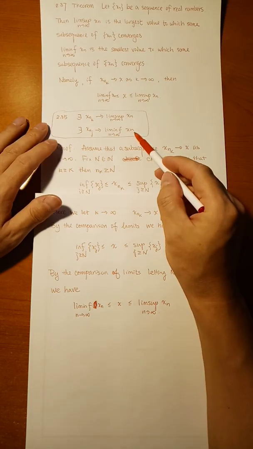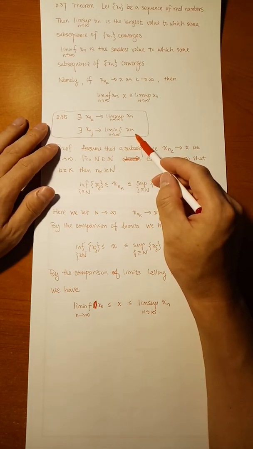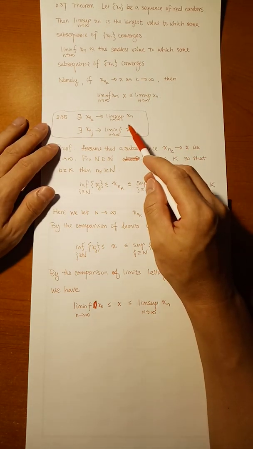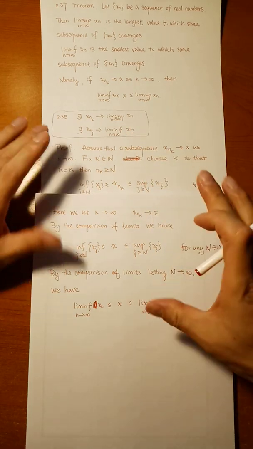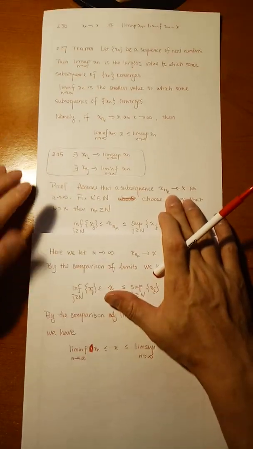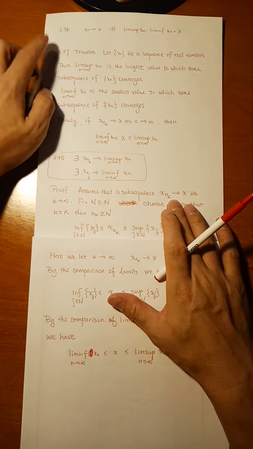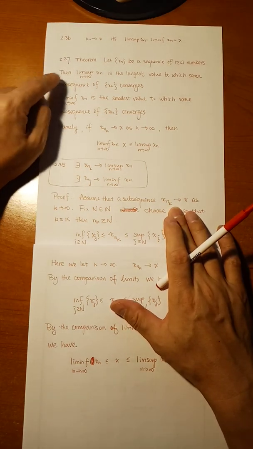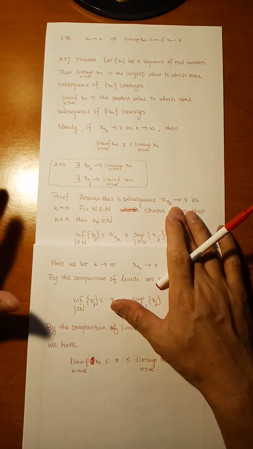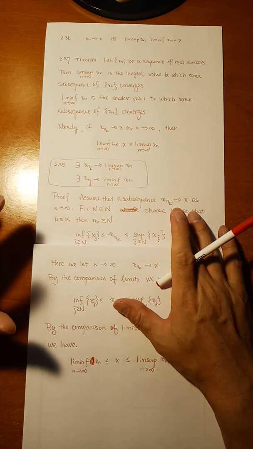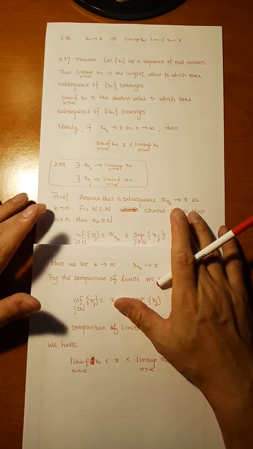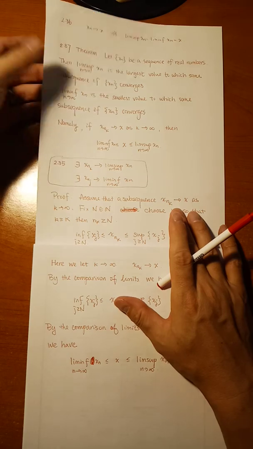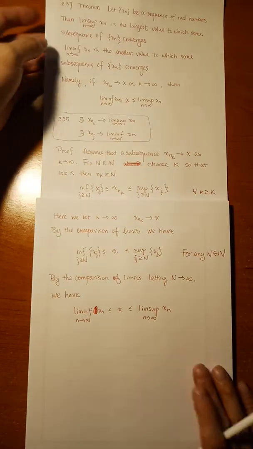That part is done by Theorem 2.35. You combine 2.35 with our proof, it proves the real result of 2.37. Lim sup is the largest value and the lim inf is the smallest value. Okay, that's the case.